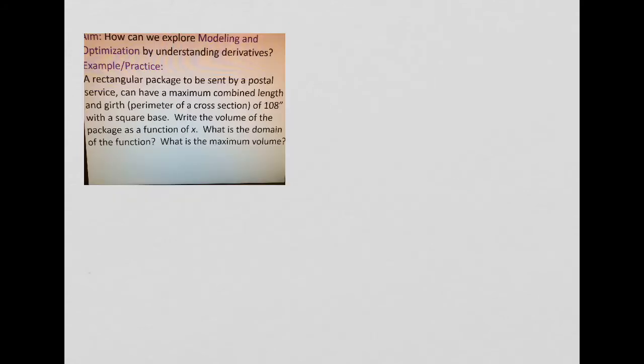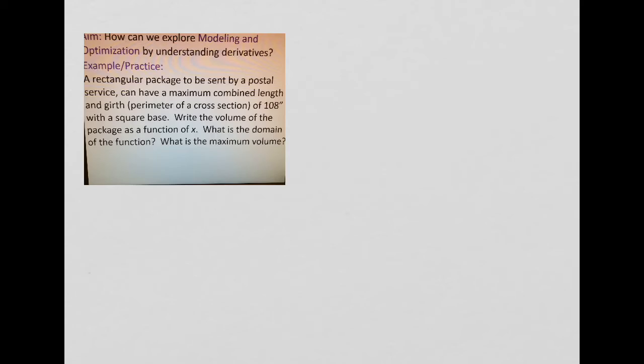This is another one I labeled as example/practice. I'm only going to do part of it because once I set it up for you, I'm sure by doing some of the other problems, you would be able to finish this. So a rectangular package is to be sent by a postal service.